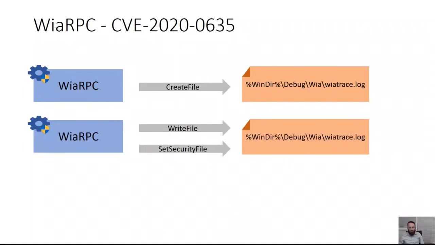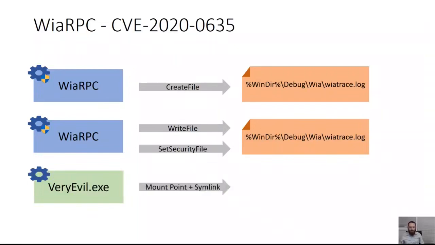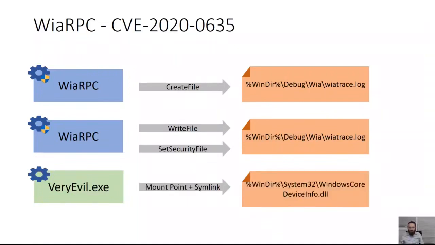So far so good, and it continues to write to the file followed by a call to set security file, allowing a regular user the option to edit its content. We can easily abuse it by placing a mount point and a symbolic link over it. The mount point will point to \rpc control, and the symlink will point to a new DLL that will be loaded by the system service.